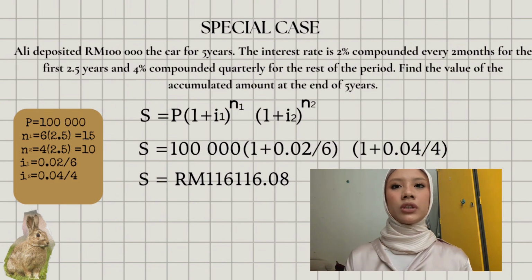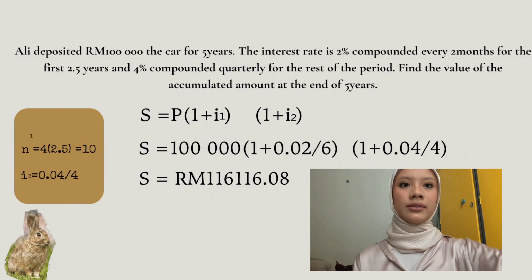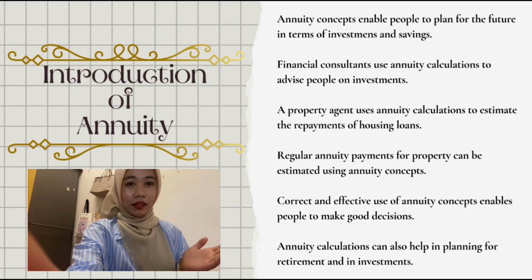So S equal to RM 116,116.08. So the accumulated amount at the end of 5 years is RM 116,116.08.